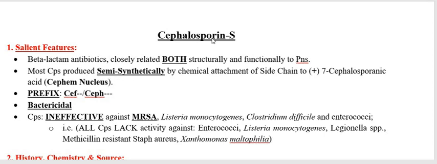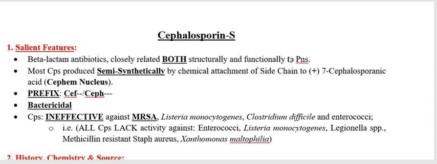Most of the antibiotics that belong to the cephalosporins are semi-synthetic in nature, and almost all cephalosporins possess a functional group that we call 7-aminocephalosporinic acid.